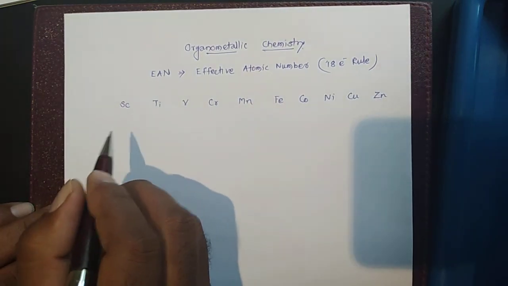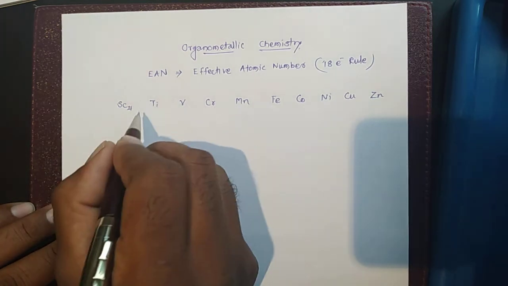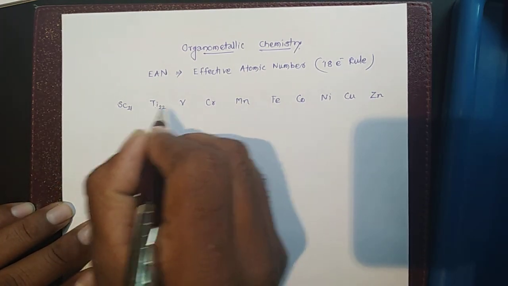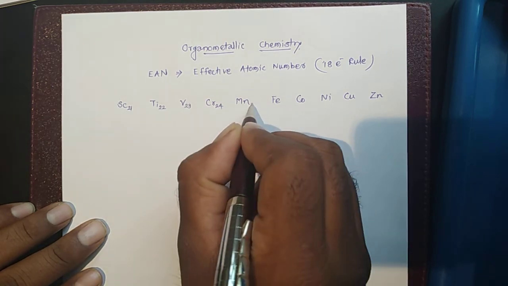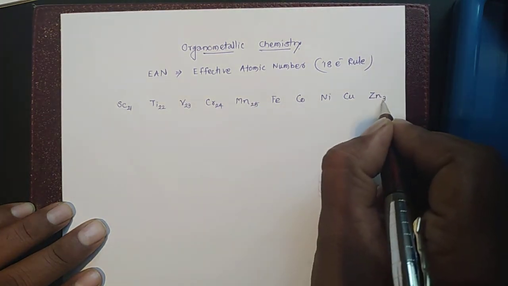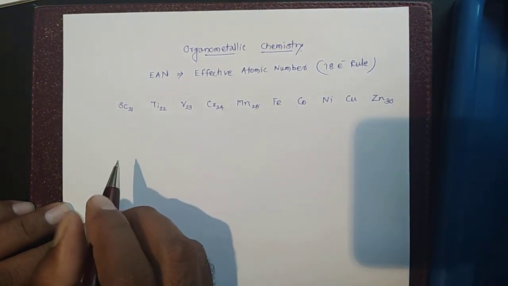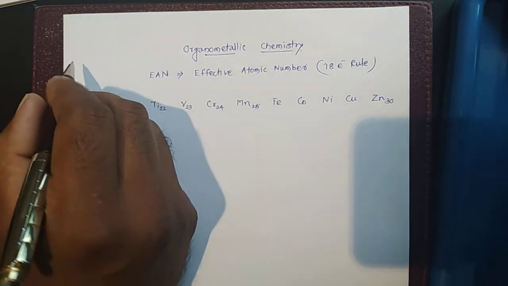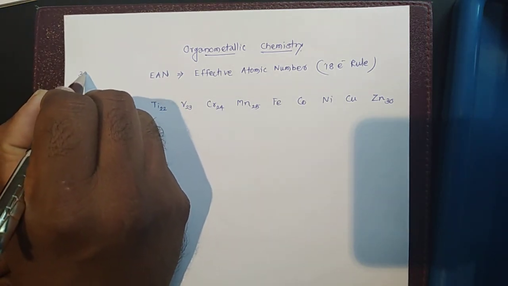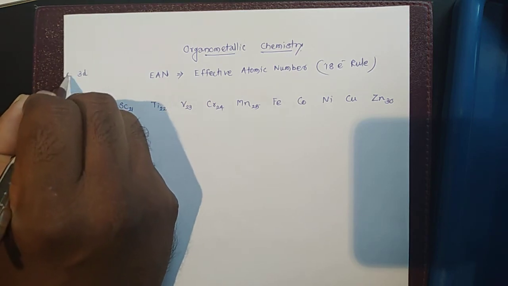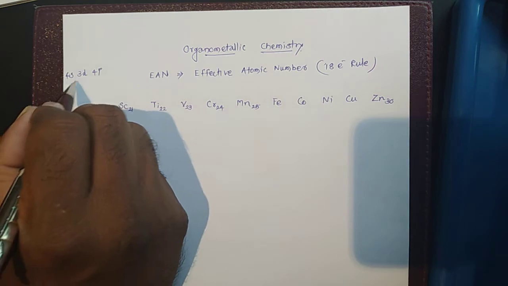I think you have revised it, because we have already done some revision: atomic numbers 21, 22, 23, 24 up to 30. Based on the atomic number, these transition metals have 3d orbitals, then 4s orbitals and 4p orbitals.